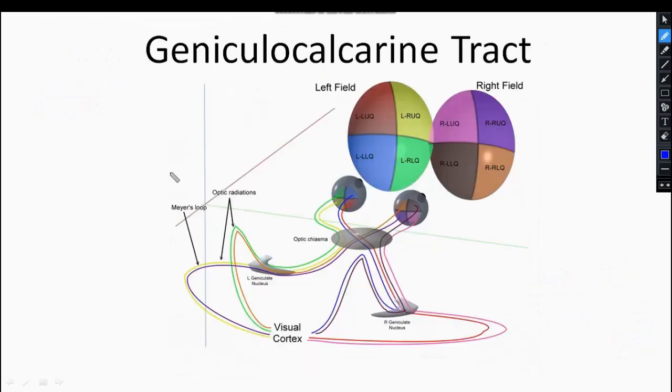Here we can see this geniculocalcarine tract, and a part of it, the one you can see here, moves a little bit the other way and comes over the temporal horn of the lateral ventricle.